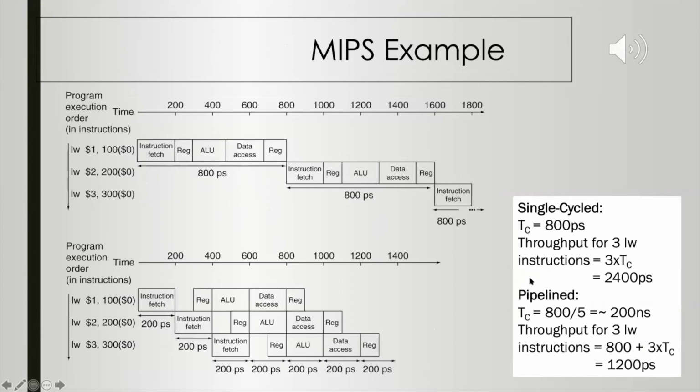But if we use the pipelining method, by superposing each stage like we did before, the total time of the whole operation should not exceed 1200 picoseconds. That is more than half our previous result. So with this example, I hope you get the idea how much pipelining can improve performance, although it is not perfect, of course, and that is what we'll see next.